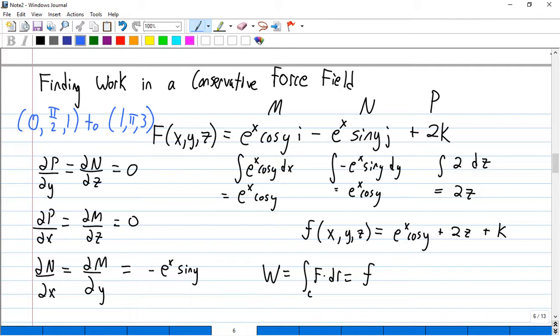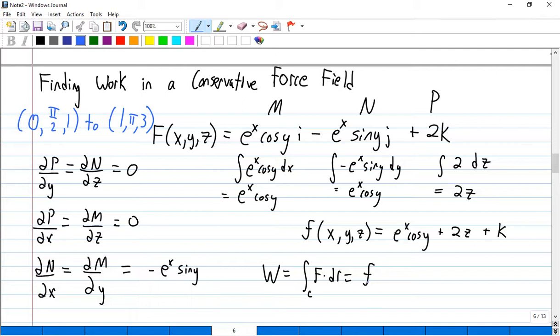So the path does not matter because this is a conservative force field or vector field. So it must have path independence. So it must be simply connected.